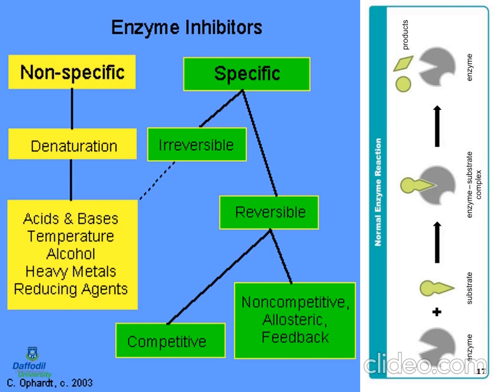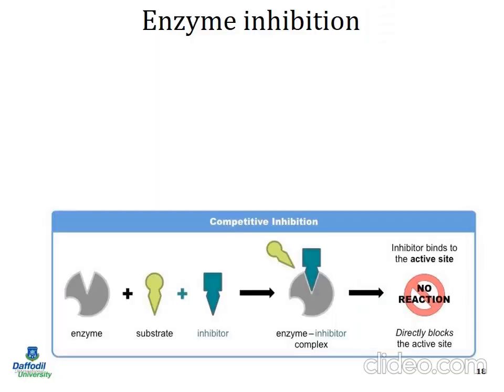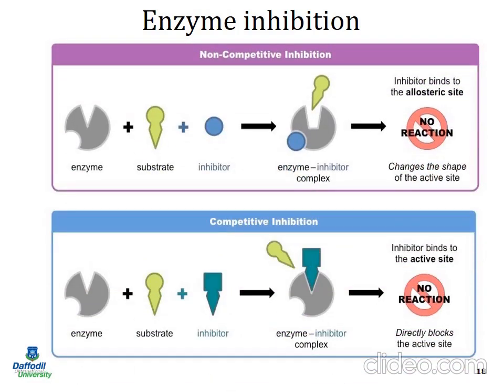If we consider that, you have an enzyme and you have a substrate. Now there is another substance which has almost the same shape as a part of your substrate. That means it has the ability to bind onto the active site where your substrate tends to go, and due to this binding, the enzyme loses its activity towards the substrate.